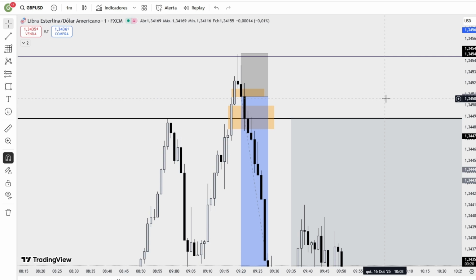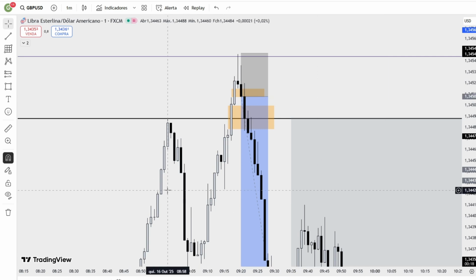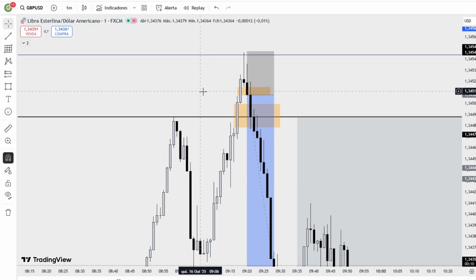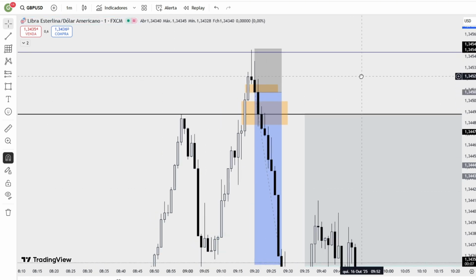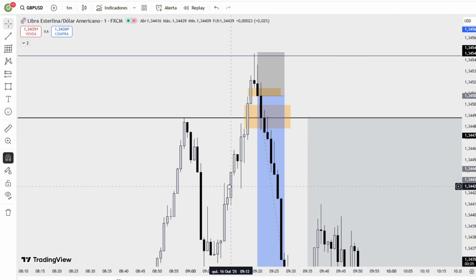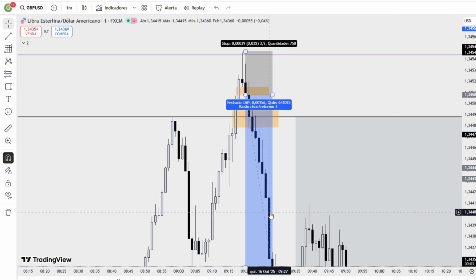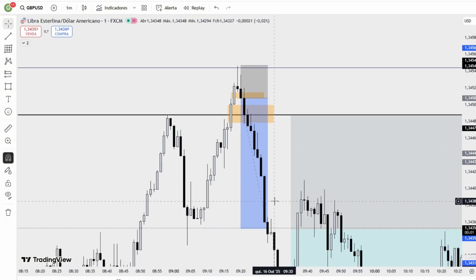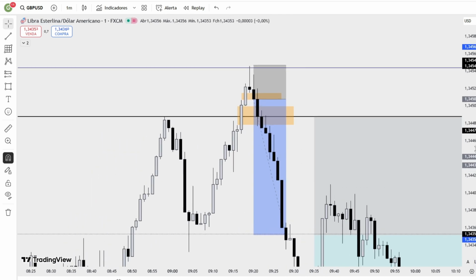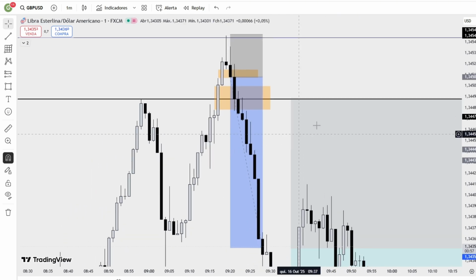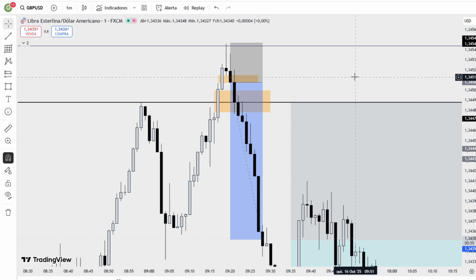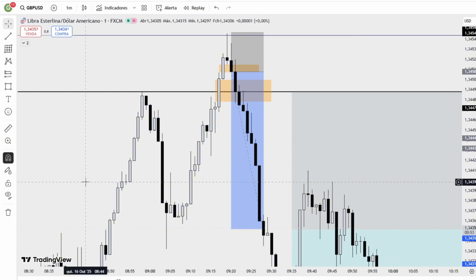If you don't have these four things aligned, look for other, more conservative entries, because you don't have that kind of certainty. But here you're expecting the price to do exactly this, so you can anticipate some moves with inverse fair value gaps. I expect you guys to pay attention to this, because you can have tons of good trades looking for this.